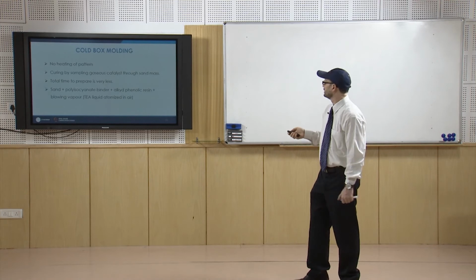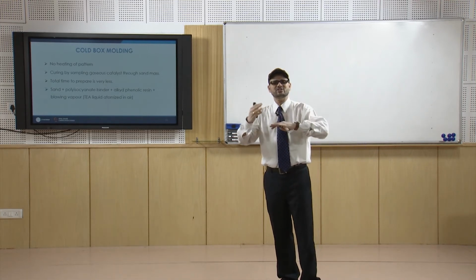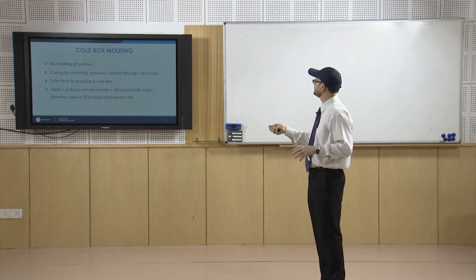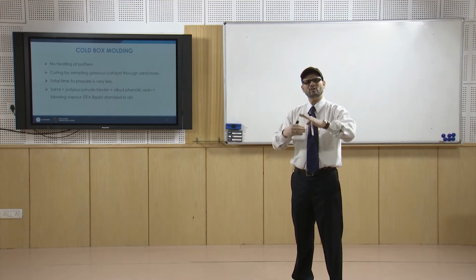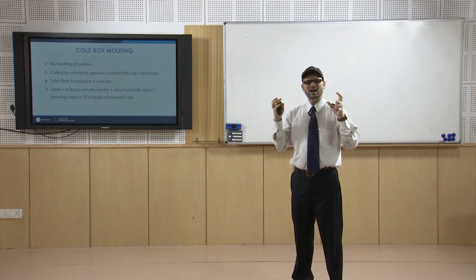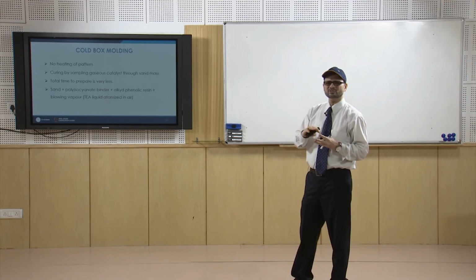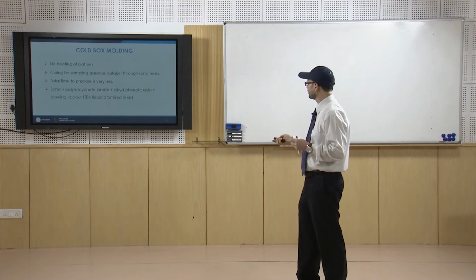This vapor is TEA liquid atomized in air. This vapor works as a catalyst, and when it is blown in the sand mass containing binder, it automatically does the binding operation and makes a hard mass. So, this way hardness is achieved. So, hot box and cold box are the molding methods based on the temperature.